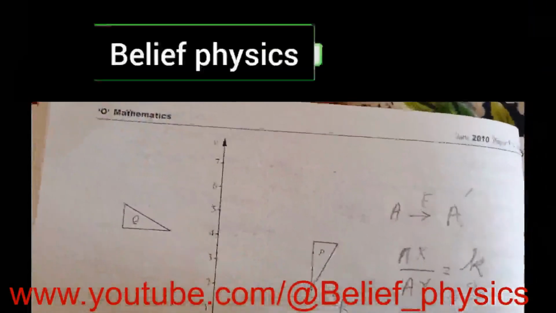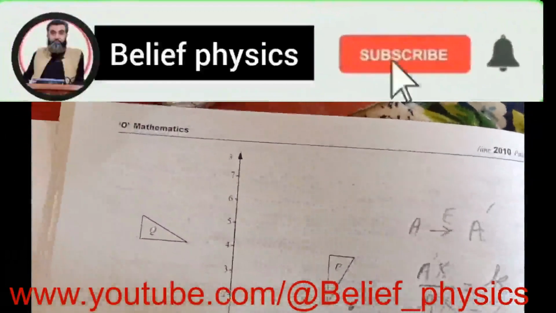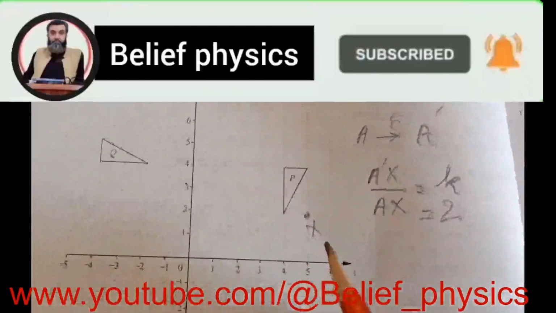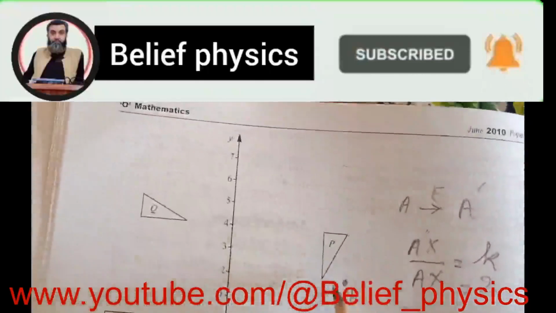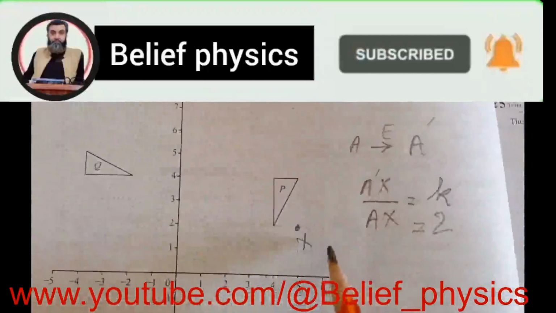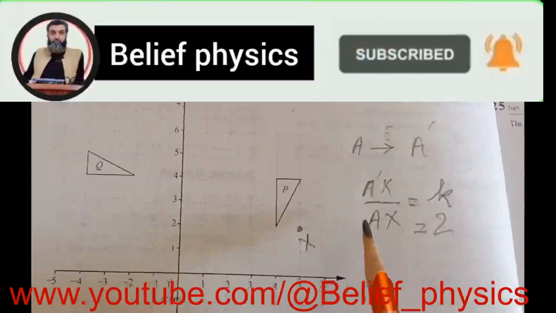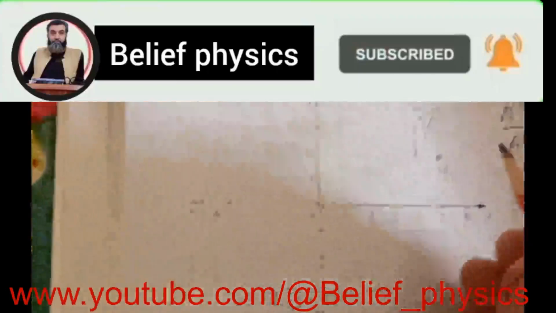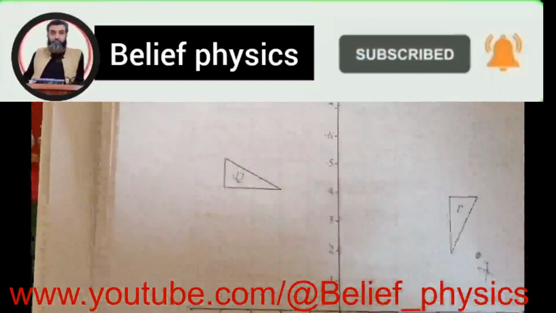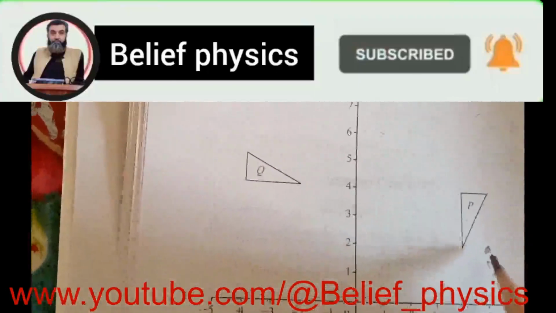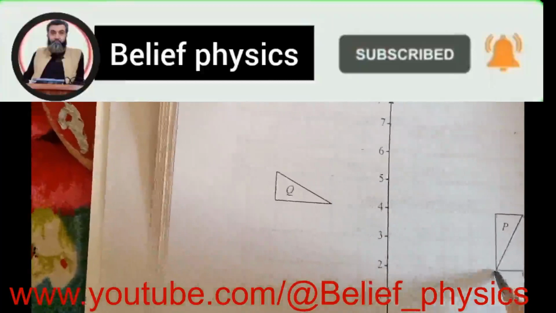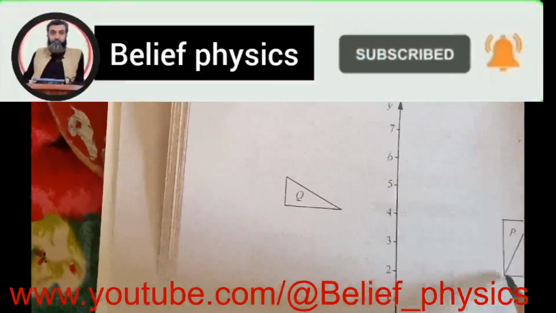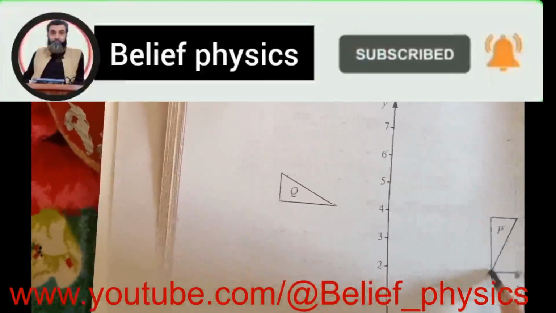Now I will mark each perpendicular distance from X to each point of this, and then double that distance to mark the image. Look here. This is X. This is object.